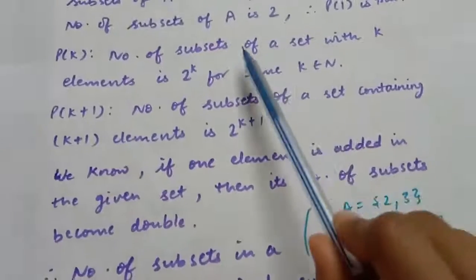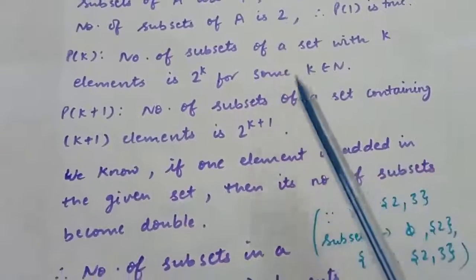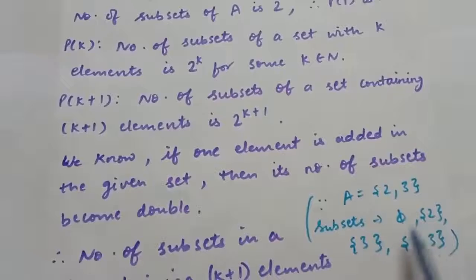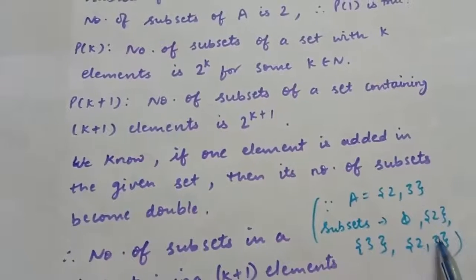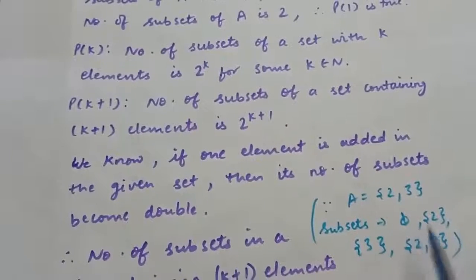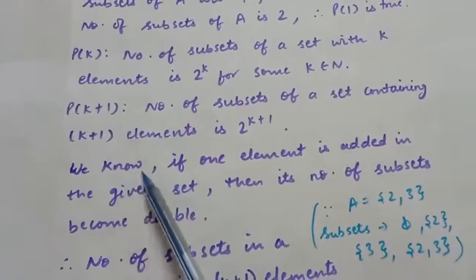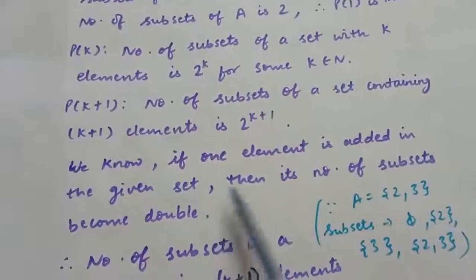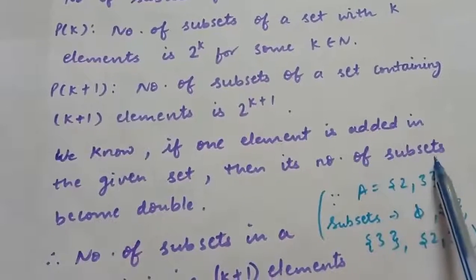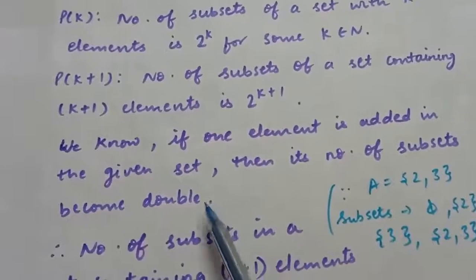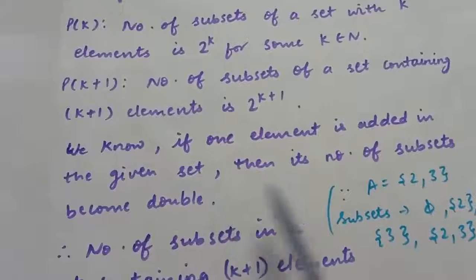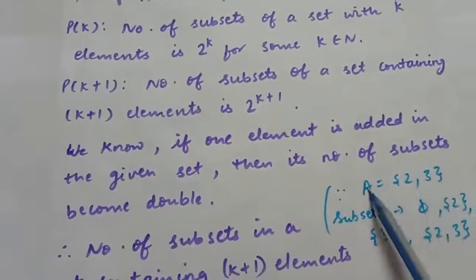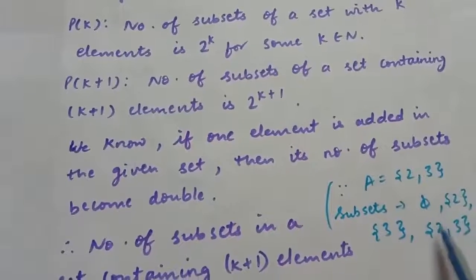Here the subsets of A are 2, right. Now the subsets of A are these 4, so subsets get double, right? So we know if one element is added in the given set, then its number of subsets becomes double. When we add one element in the set, its subsets get doubled.